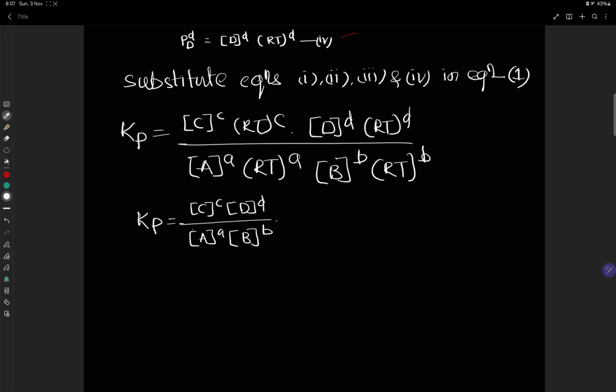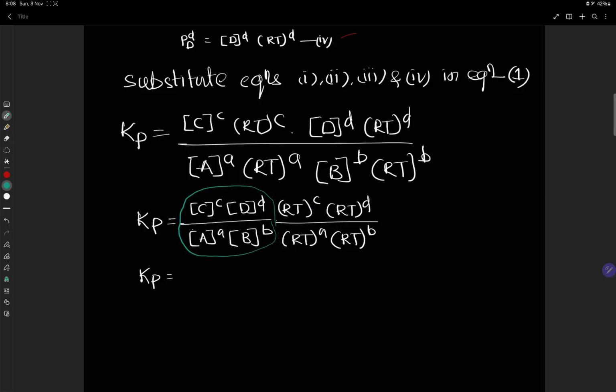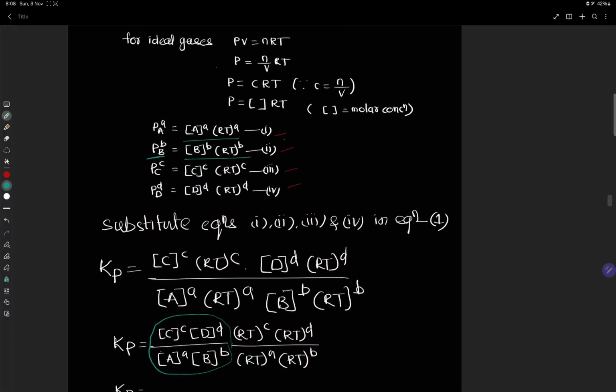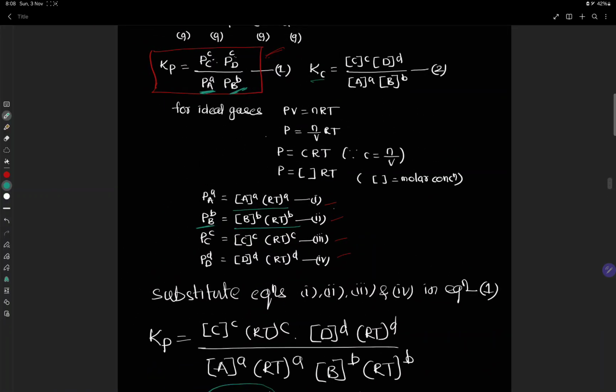So what remains in the numerator: RT power c into RT power d by RT power a into RT power b. Okay, then Kp is equal to, instead of this molar concentration of C power c into D power d by molar concentration of A power a into B power b, what you can write, Kc. So all terms are the same.